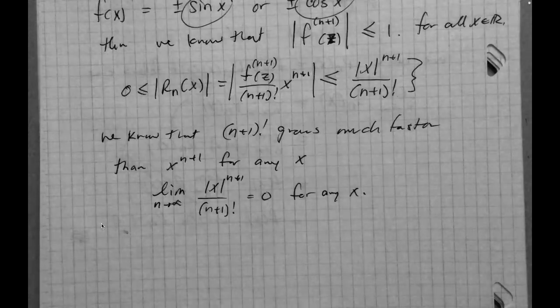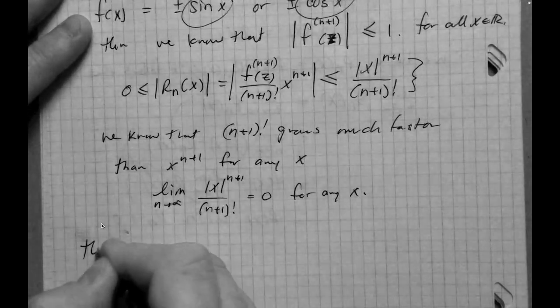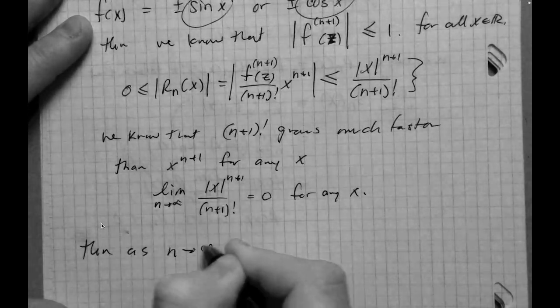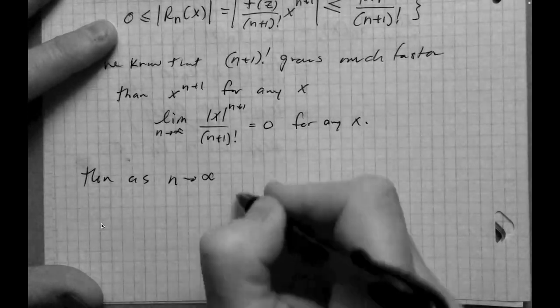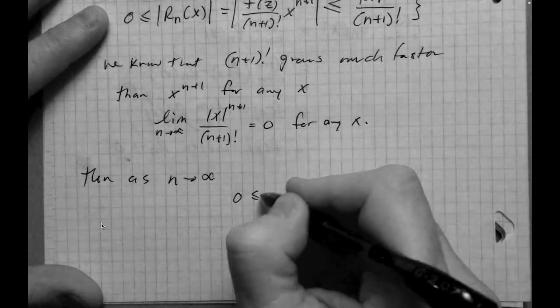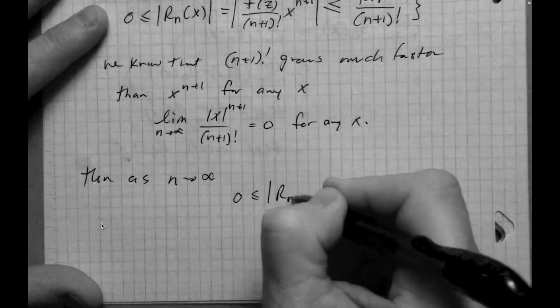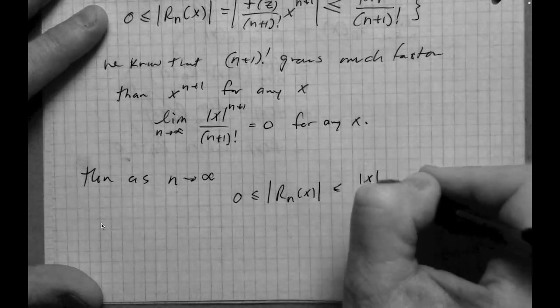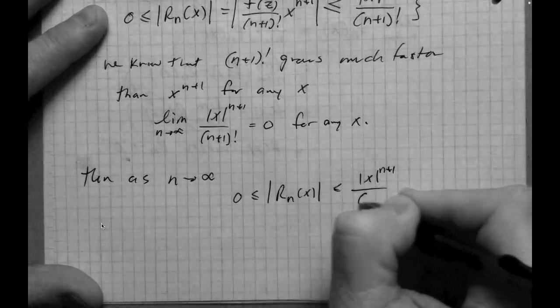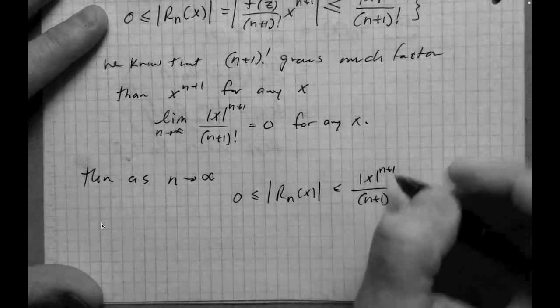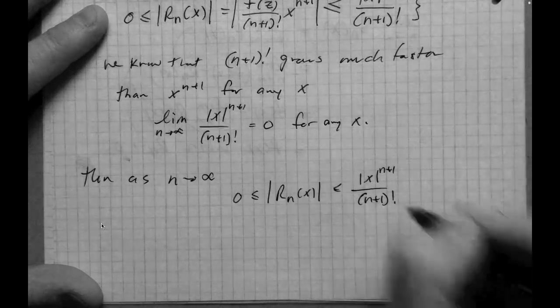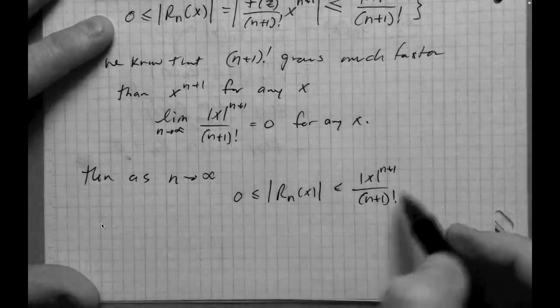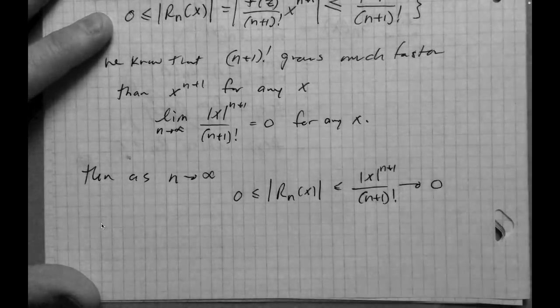So then, what happens up here? As n goes to infinity, what can we say? Well, we've got 0 less than or equal to your remainder term, which is less than or equal to x to the n plus 1 over n plus 1 factorial, and as n goes to infinity, this goes to 0.